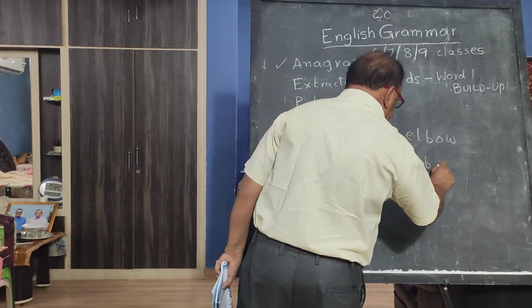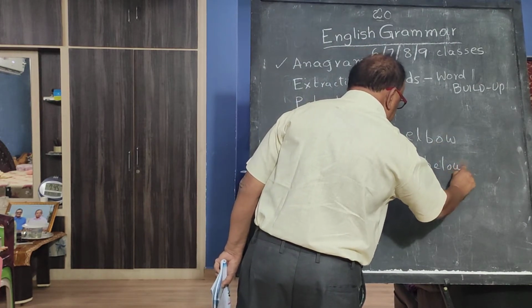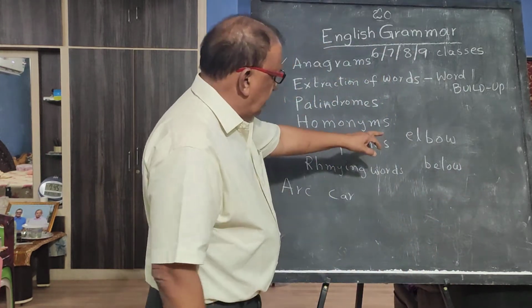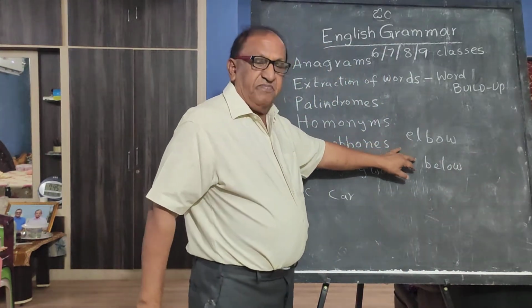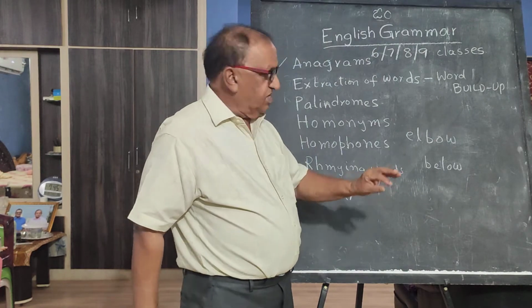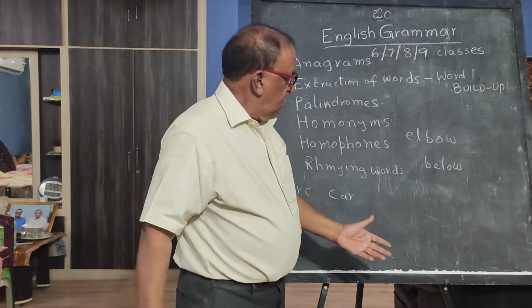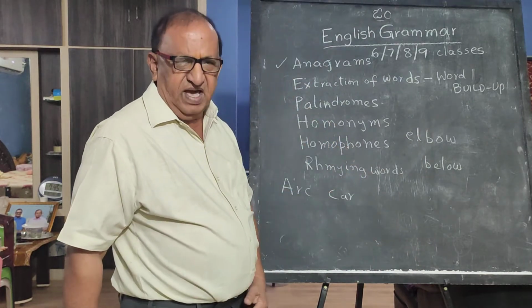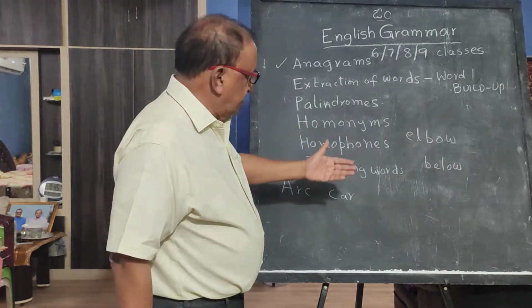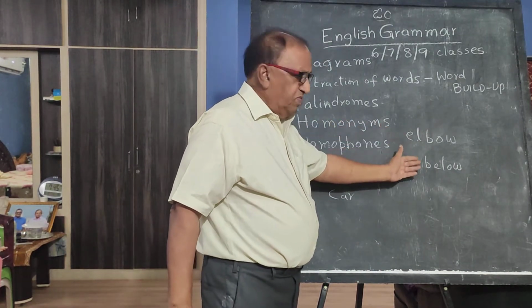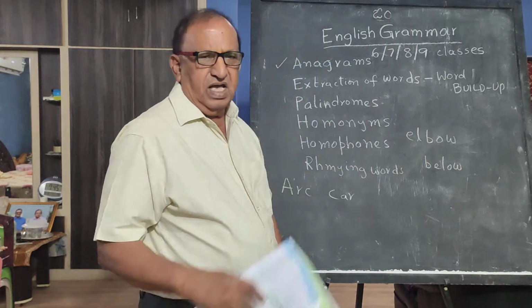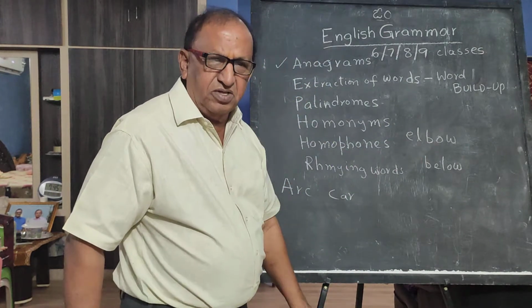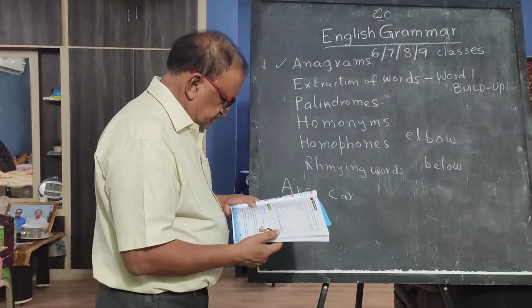This can be written as B-E-L-O-W. We can see here, we have not brought in any new letters. We did not lose any letters. So all we did is, we arranged the letters in a different way. So thereby, we got completely a new word. Below is different from elbow. Elbow is this, below the surface, trigonometry.